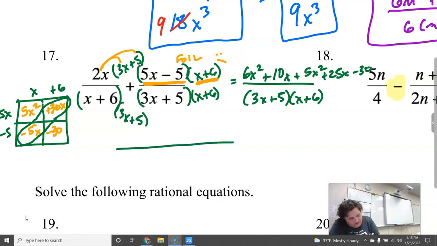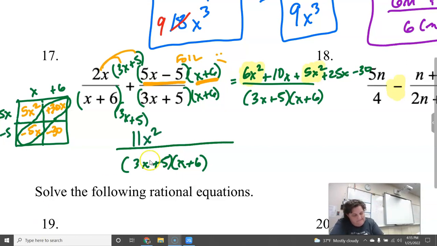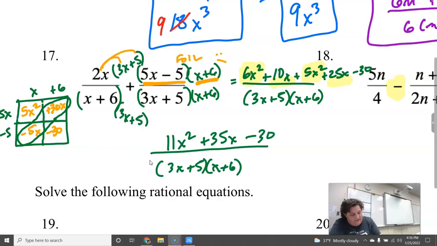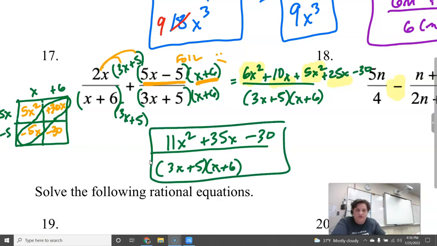So all together, I can combine a 6x squared and a 5x squared. That's 11x squared. I can combine a 10x and a 25x. That's 35x minus 30. I highly doubt that that factors. We're just going to pretend like it doesn't and say that's good because I'm not trying to mess with that. So there's your answer for number 17.